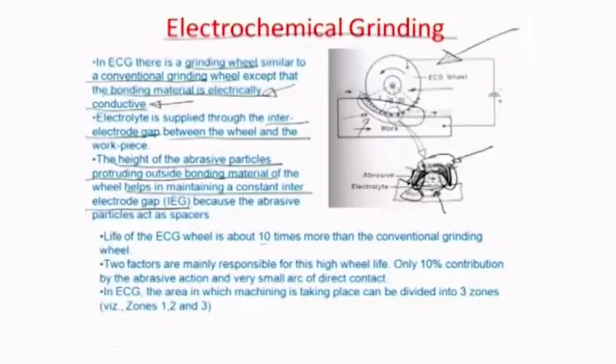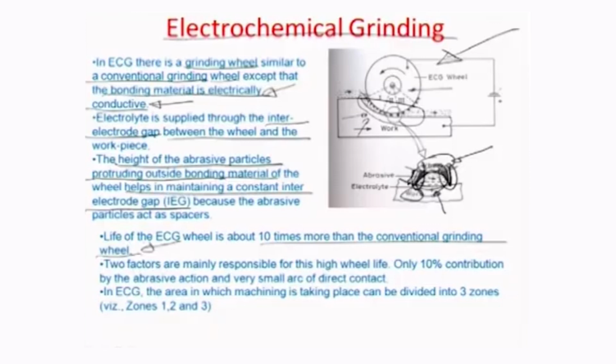In this particular case that is not so, because you are also carrying away the precipitate coming out of the material in the electrochemical machining aspect of the ECG, and the chance of the pockets getting redeposited with debris is minuscule, because you have designed the electrolyte so that whatever comes out goes as a precipitate and not as a deposit. Therefore, ECG wheels last about 10 times longer than the conventional grinding system.